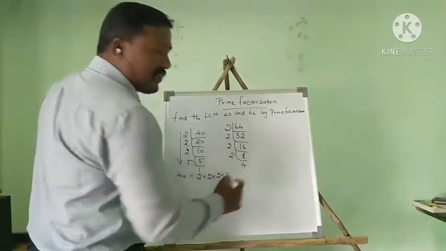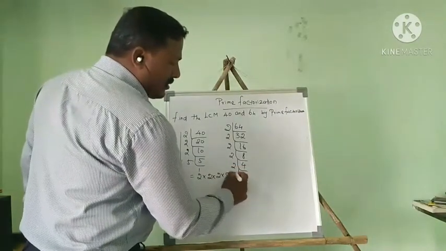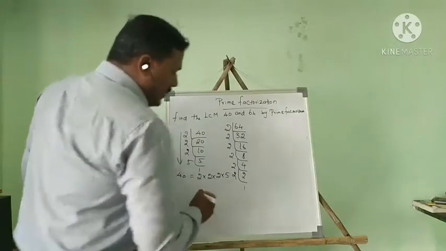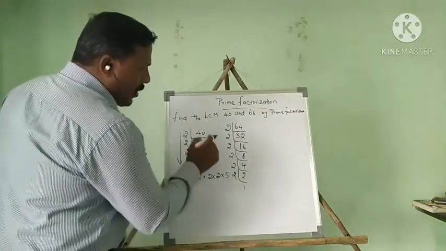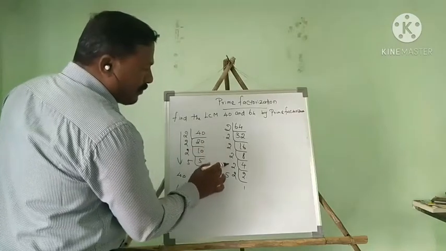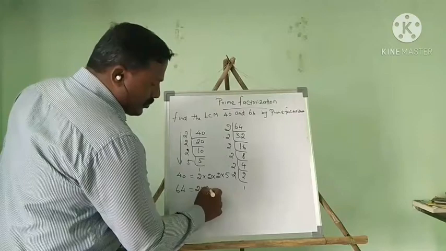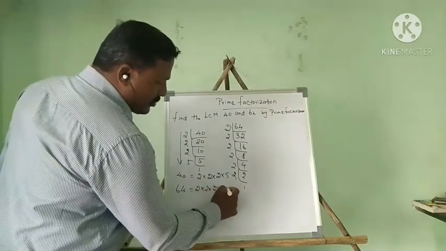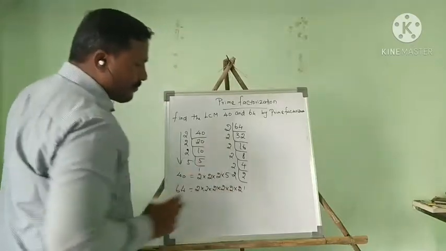Then 4 2s are 8. Then 2 2s are 4. Then 1 2 is 2. Okay, let me correct and write the factors of 64. How many 2s are there? 1, 2, 3, 4, 5, 6 2s are there. So 2 into 2 into 2 into 2 into 2 into 2.